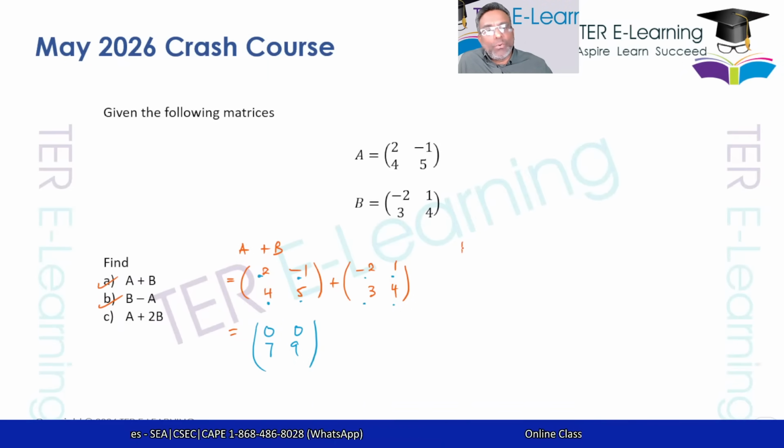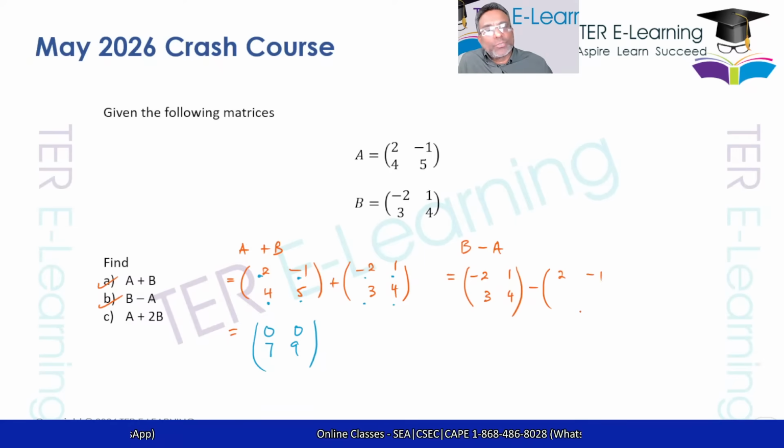For part B now, you want to work out B minus A. Okay, so in this case here, it is going to be minus 2, 1, 3, and 4. And you're going to subtract A, which is going to be 2, minus 1, 4, and 5.